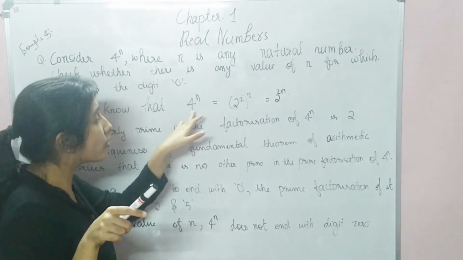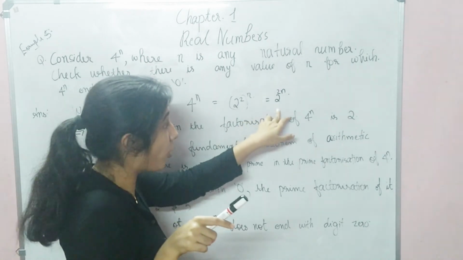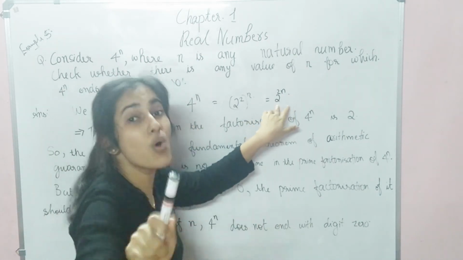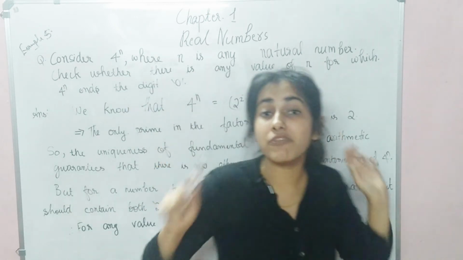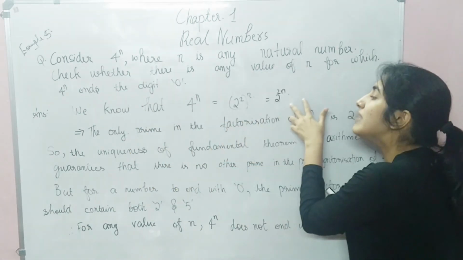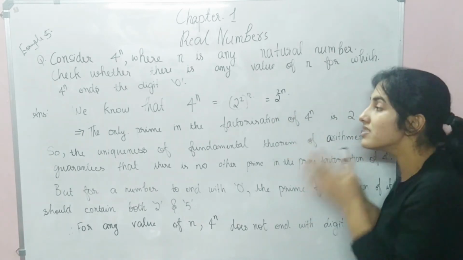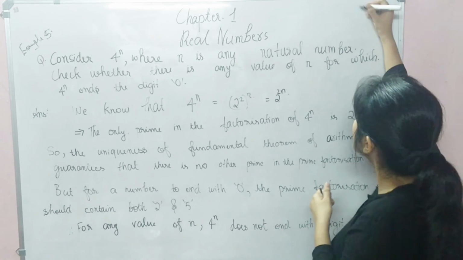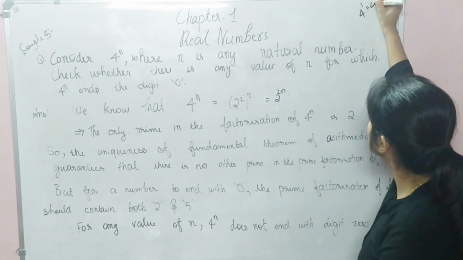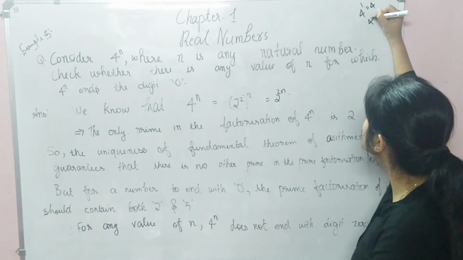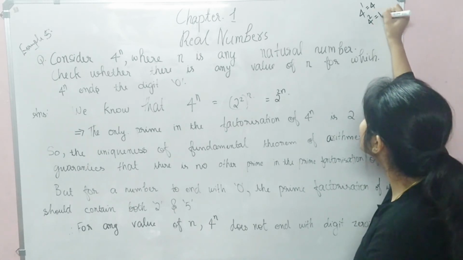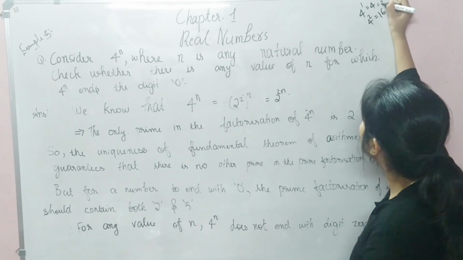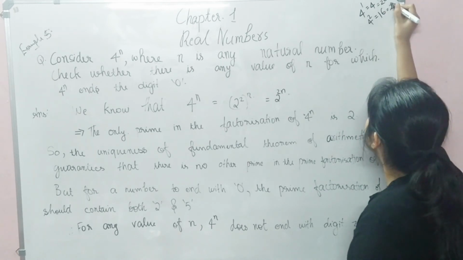Therefore, the number 4 raised to n, when it is written in this form, this expression of this number is unique, which means no other prime is involved in the prime factorization of this number. 4 raised to n means, when you substitute n as 1, you get 4 raised to 1, which is 4. When you substitute n is equal to 2, it is 16. Like that, this same number can be written as 2 square, 2 raised to 4.